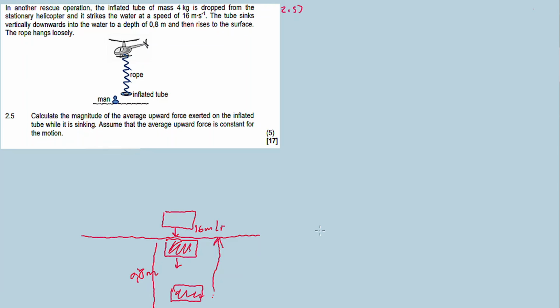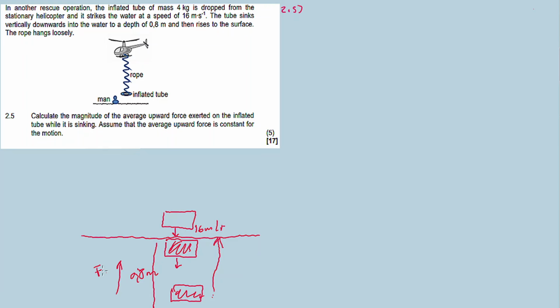And then look now, you see this tube, while it was dropping, it was experiencing an upward force F. Okay, let's call the upward force F. When the tube drops into the water, the friction due to water will try to stop the tube from going deeper into the water, right?